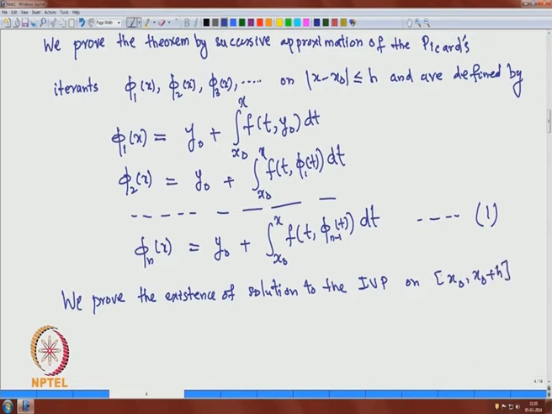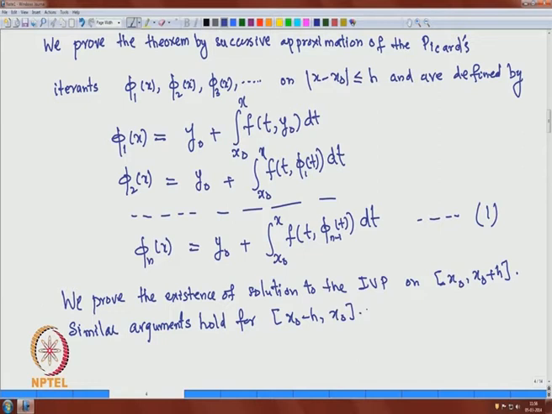We will prove the existence on one side of the point, x0 to x0 plus h. Similar arguments hold for x0 minus h to x0.